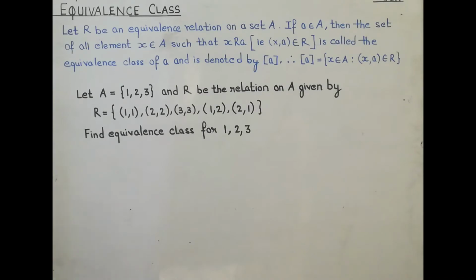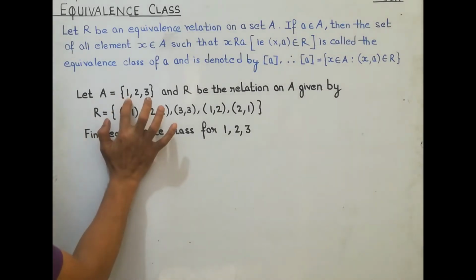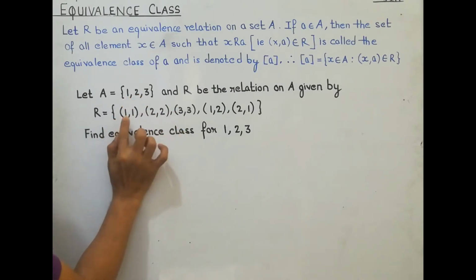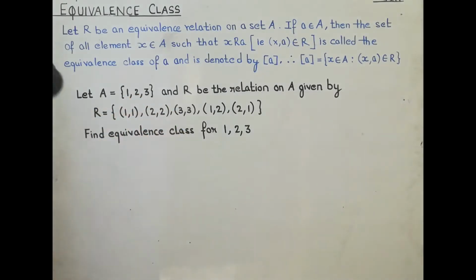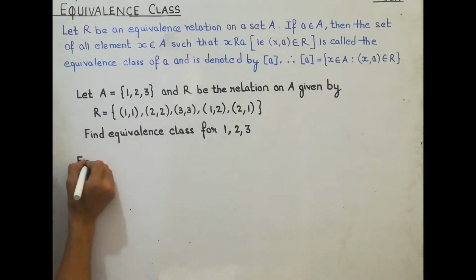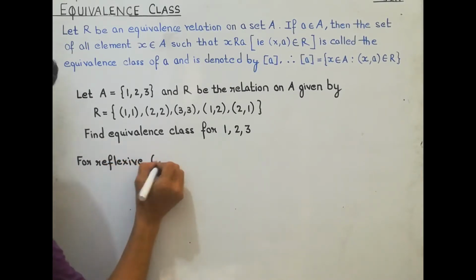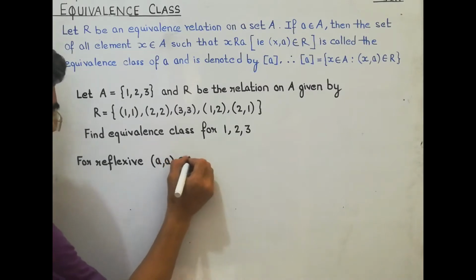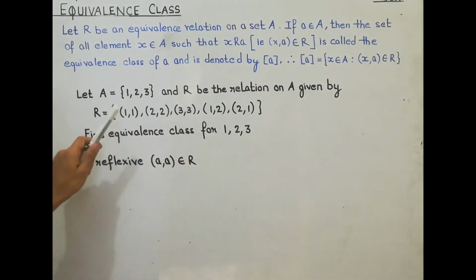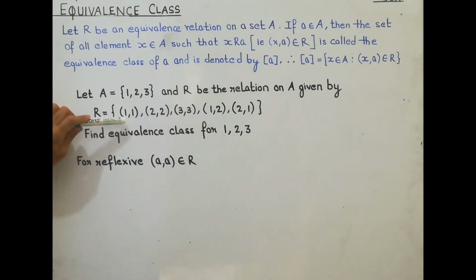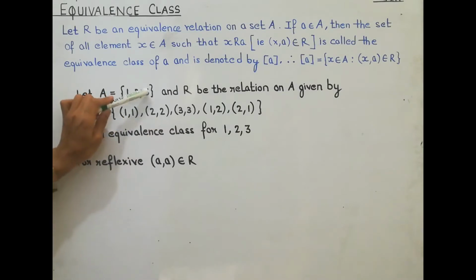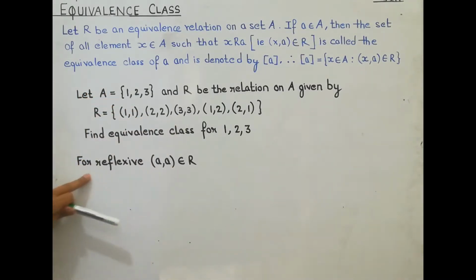Now as you can see here, each element of the set A is having the relation (a, a) belonging to R, because we know that for reflexive, (a, a) belongs to R. So here you can see that for the three elements of A, (1, 1) is present, (2, 2) is present, (3, 3) is present, that means this relation is reflexive.